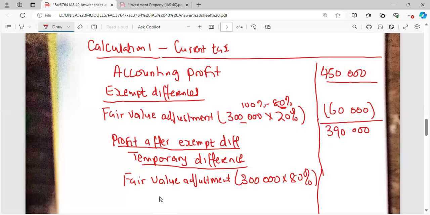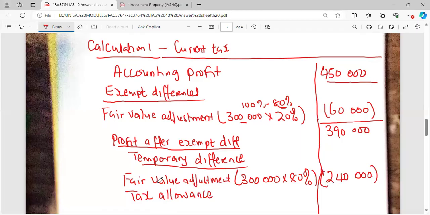How much is it going to be? $240,000. Is it taxable or deductible? Taxable. So if it is taxable, what do we do with it? We subtract it here.